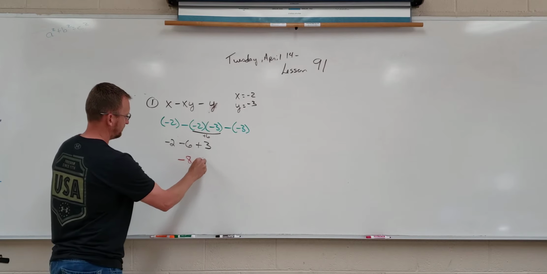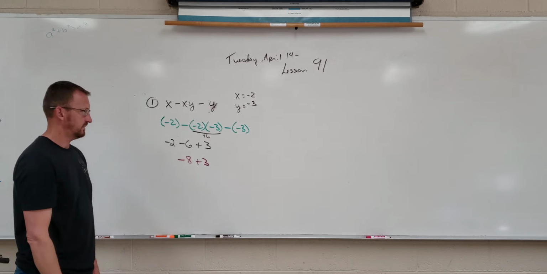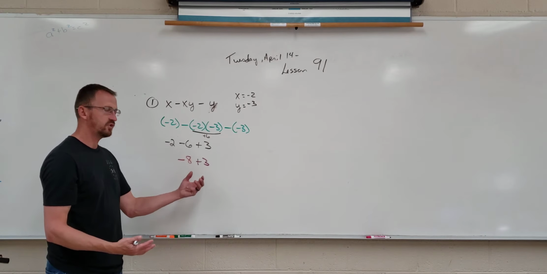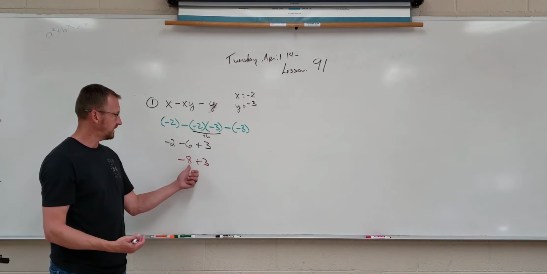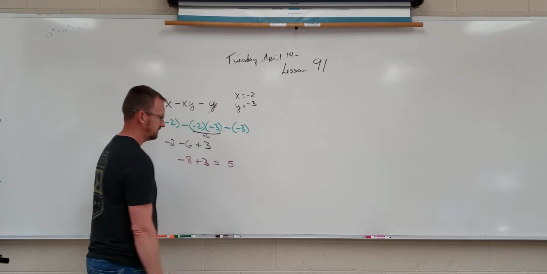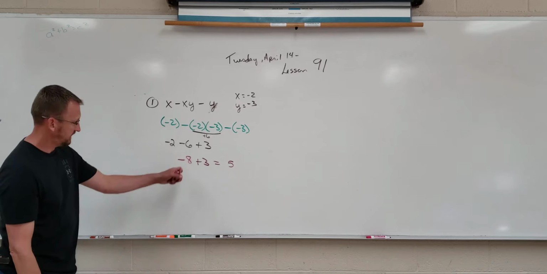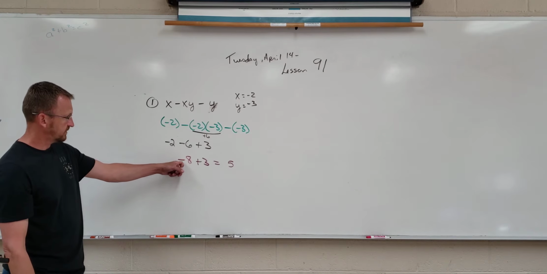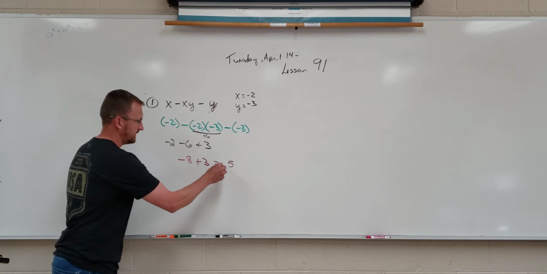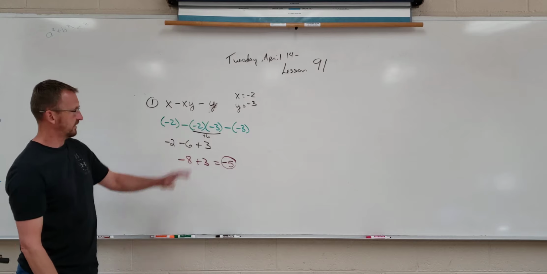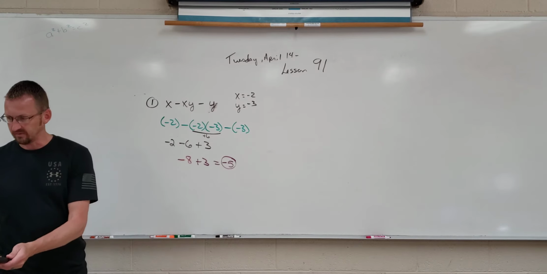Negative 8 plus 3. Now that we're adding, and my signs are different, subtract them. 8 minus 3 is 5. Which number is bigger? 8. And what sign does it have? Negative. So the negative 8 plus 3 will give me a negative 5. So we substitute in, and then we solve accordingly.